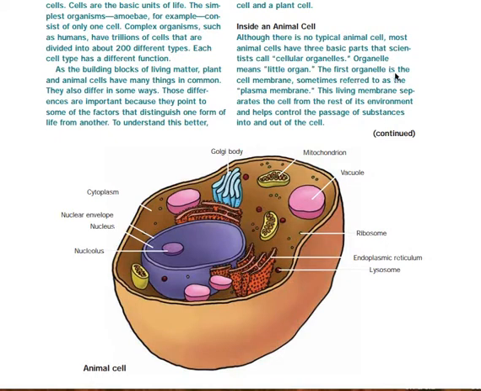The first organelle is the cell membrane, sometimes referred to as the plasma membrane. This living membrane separates the cell from the rest of its environment and helps control the passage of substances into and out of the cell.